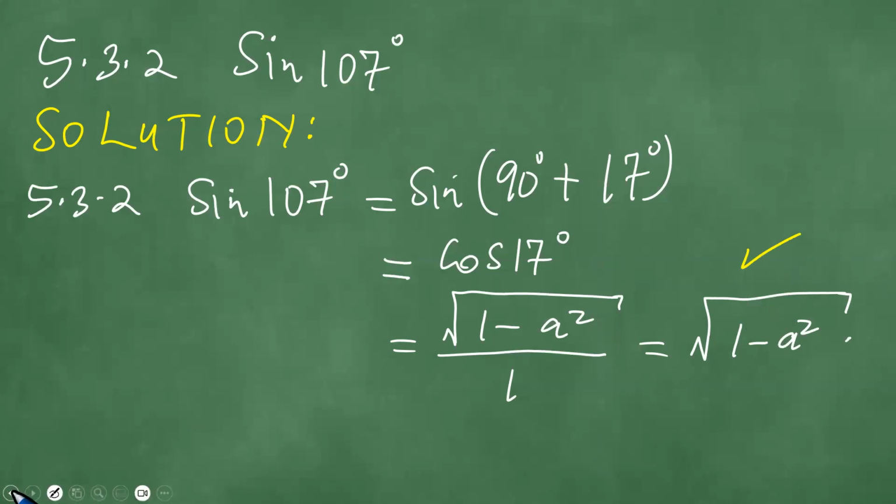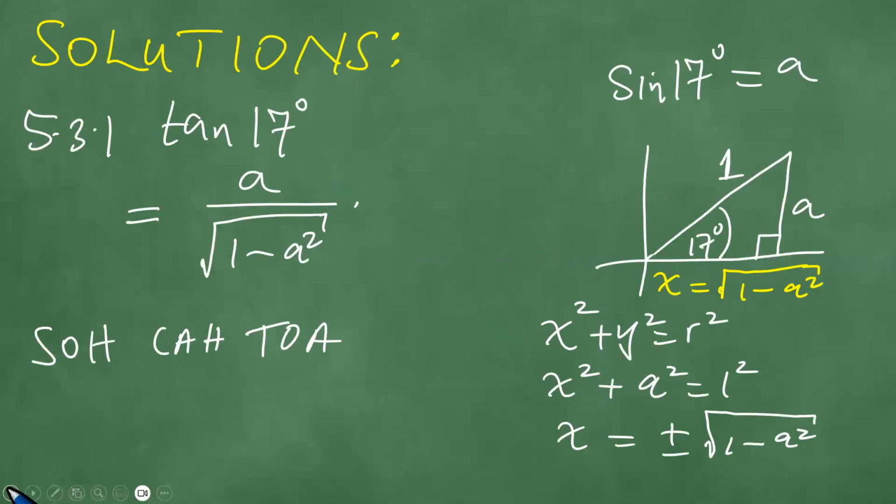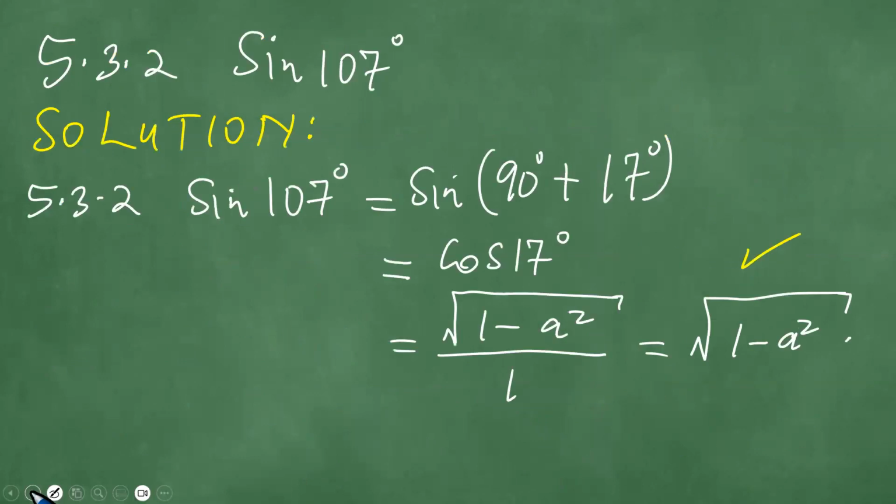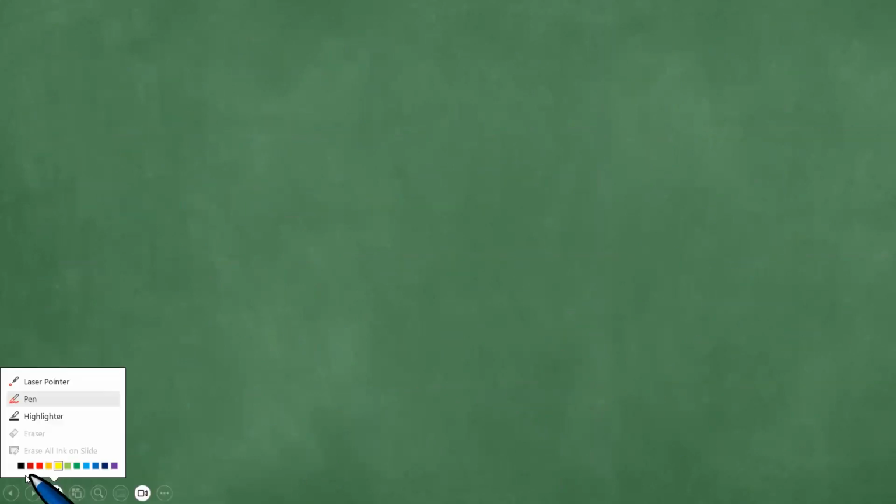Now, in solving more problems, look at the next question, 5.3.3. We have the cosine squared of 253 degrees plus the sine squared of 557 degrees. So we proceed as follows. Right, so we're going to look at 5.3.3.